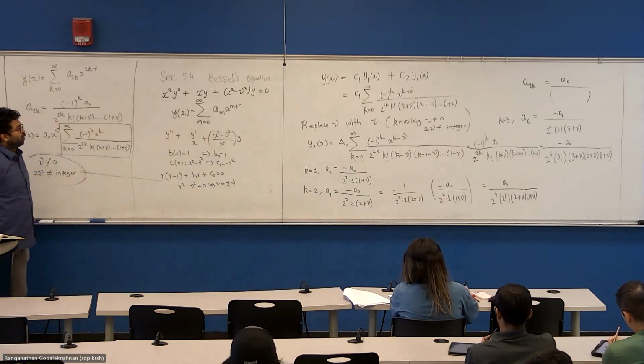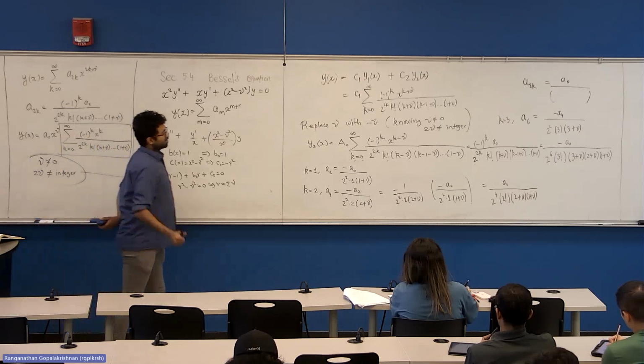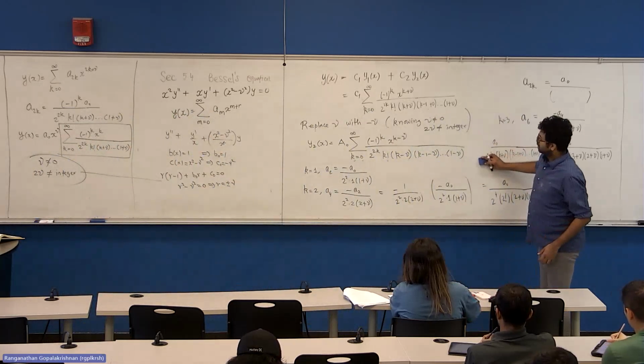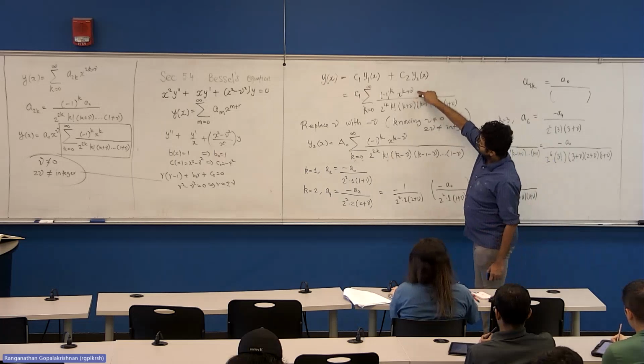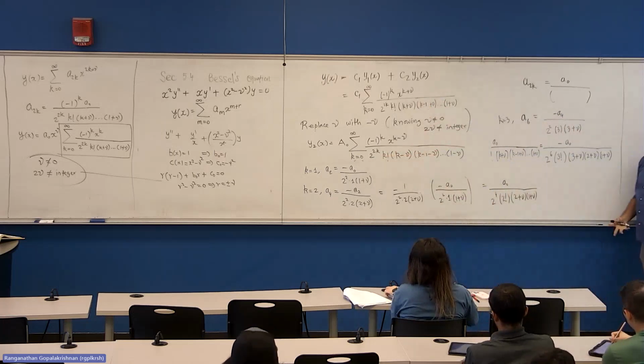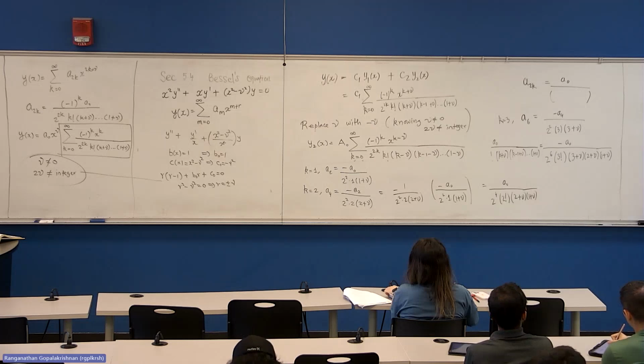Now, if I make the assertion that this y1 of x and this y2 of x are linearly independent, would you agree with me? Would you disagree with me?